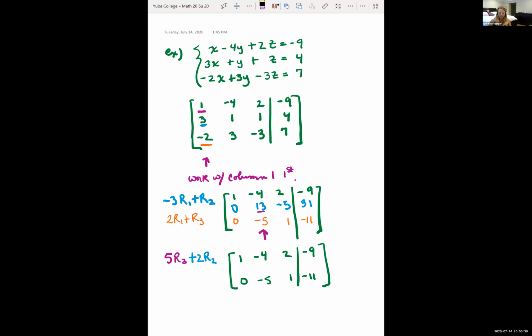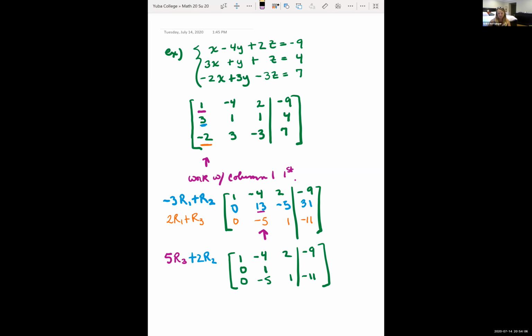Okay, so 5 times 0 is 0, plus 2 times 0 is 0. So I have a 0 here. 5 times negative 5 is negative 25. Negative 25 plus 26 is 1. The whole point of us doing that was to get that 1. 5 times 1 is 5, and then this is going to be 2 times negative 5.